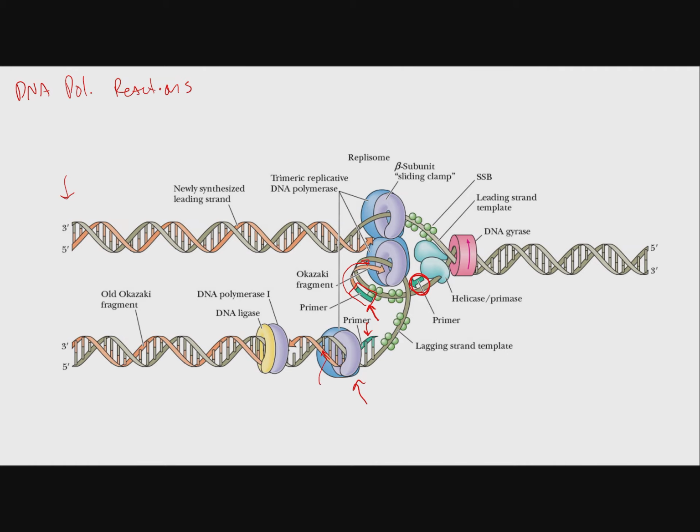And this is for various energy purposes. And then also I think the ribonucleoside triphosphates may be the source for the deoxyribonucleoside triphosphates. Actually, I'm not sure what the RNAs are needed for. Maybe just for the primers.